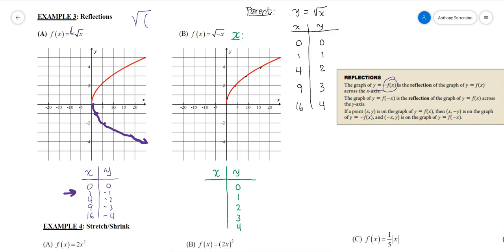Now here's what you have to realize. This negative 1 inside there is multiplying by negative 1. Just like for the transformations I'd done beforehand with the horizontal translations, I'm going to do the opposite operation.